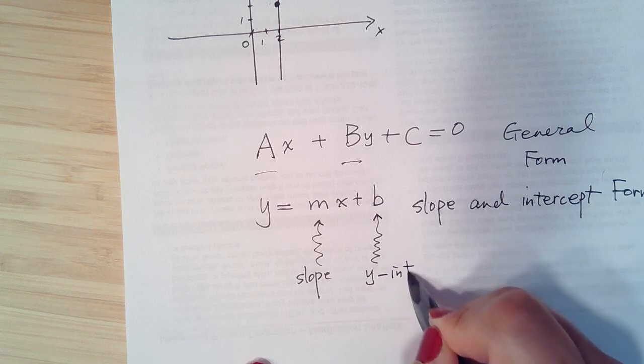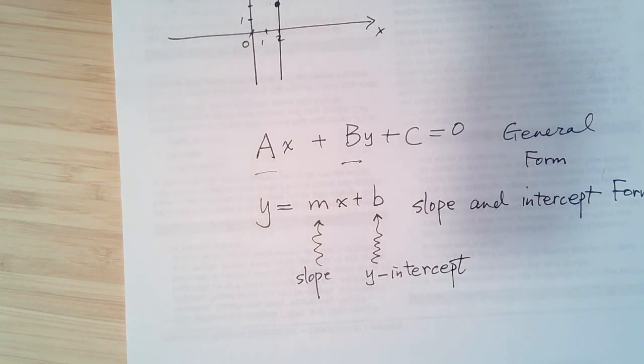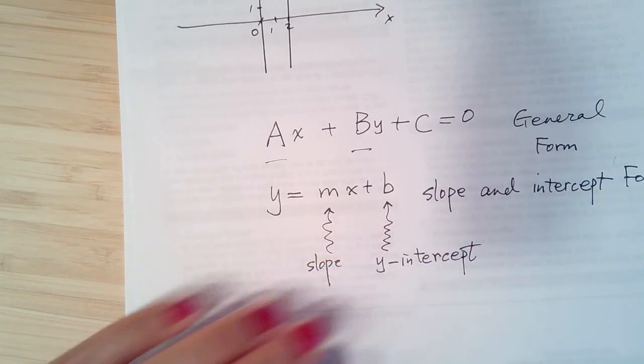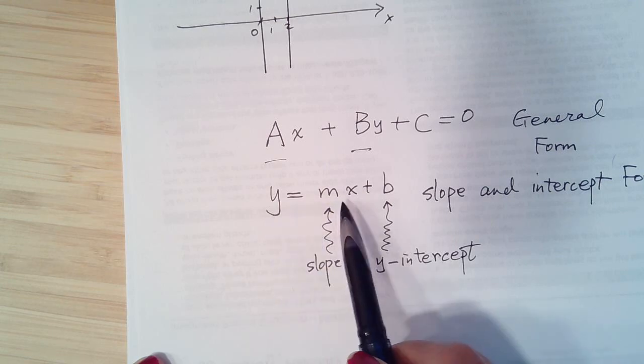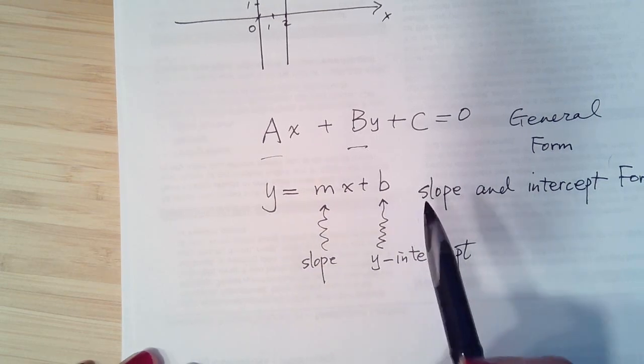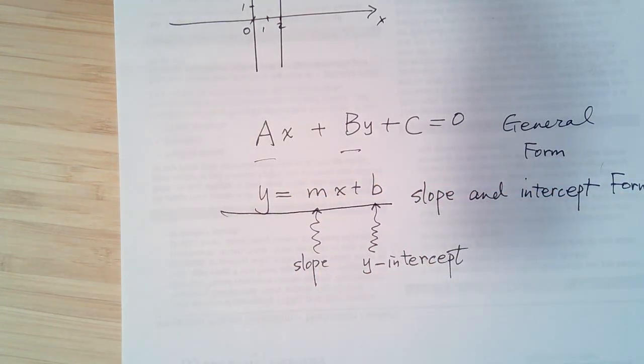Now, quick review: what is the y-intercept? The y-intercept is the value of y when x equals 0, isn't it? When x equals 0, you plug in 0 here, mx equals 0, and y equals b. Yes, that b is my intercept. Once you have an equation that looks like this, it's a linear equation with y-intercept b.